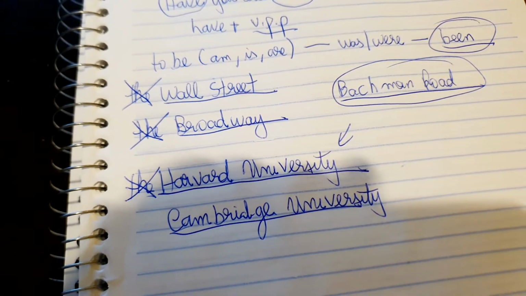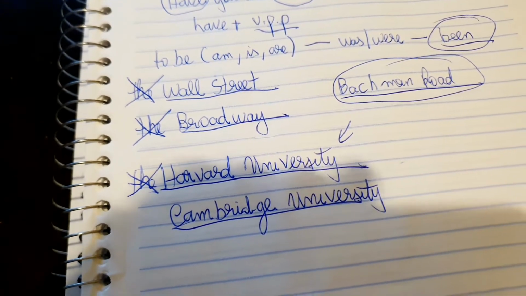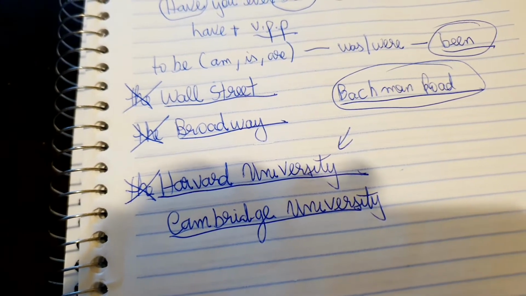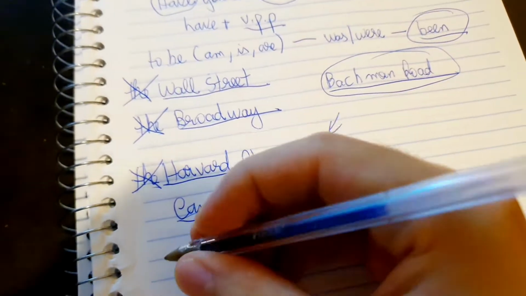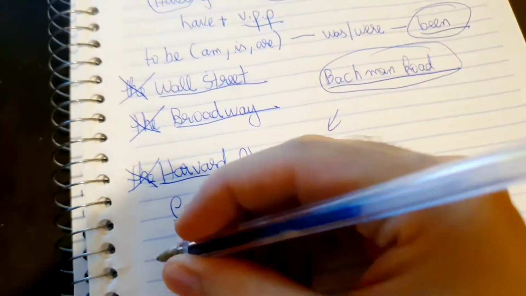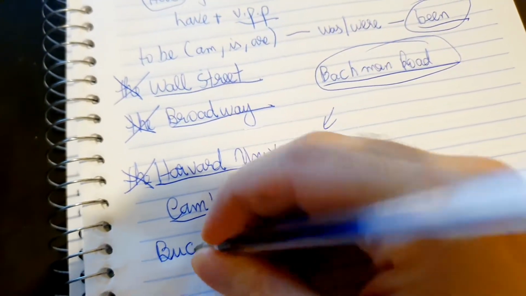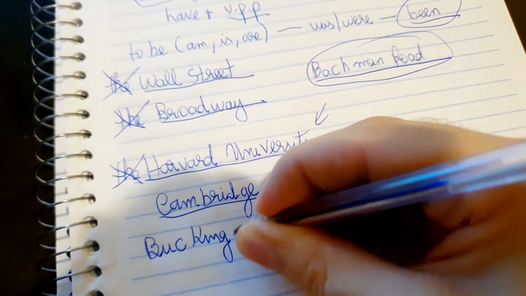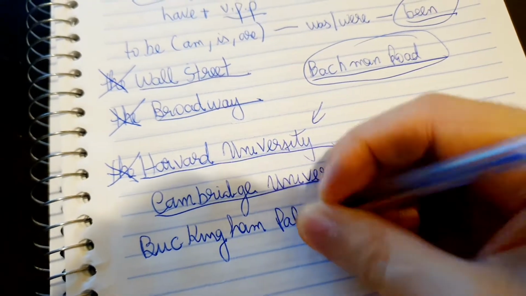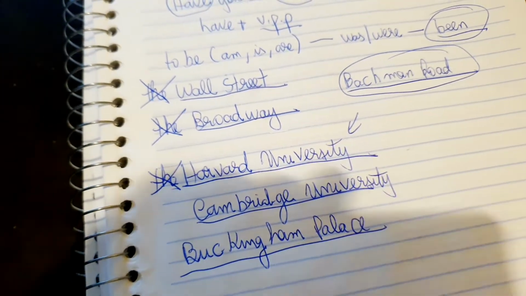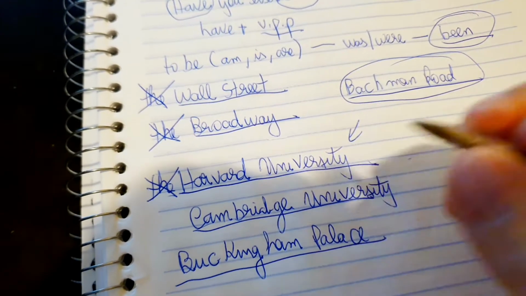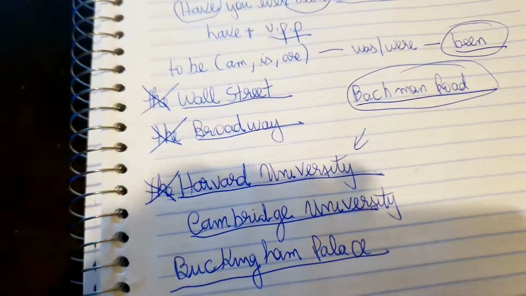When you say, for example, there is a name of a place that's very interesting to compare. When you talk about Buckingham Palace, for example, I guess I spelled it right.